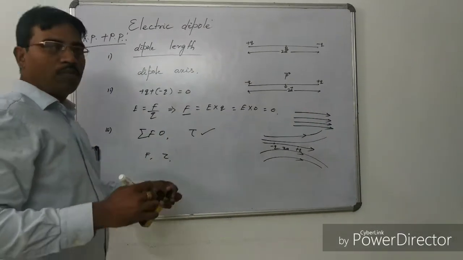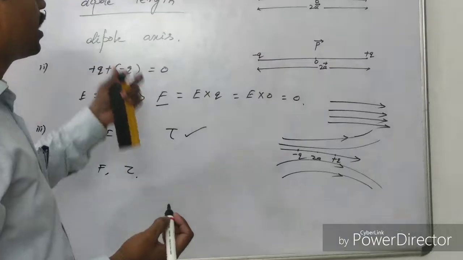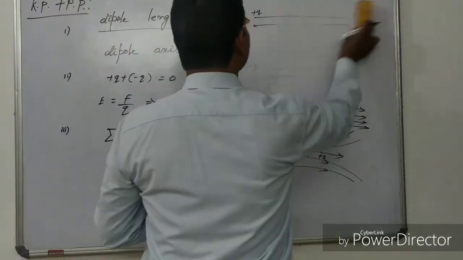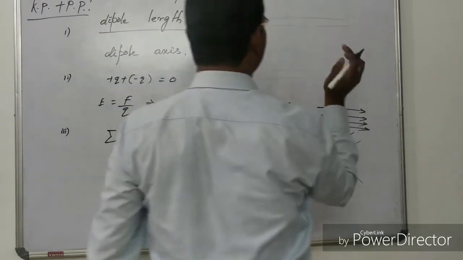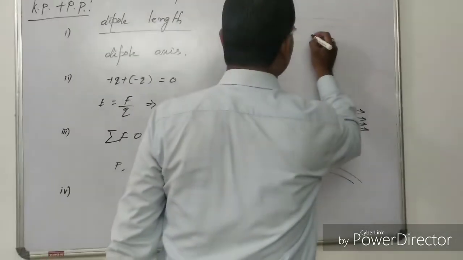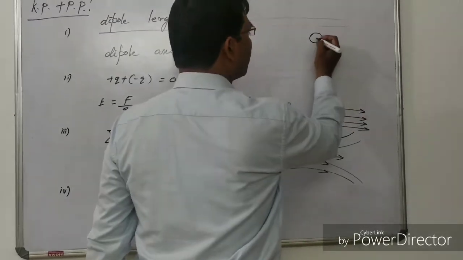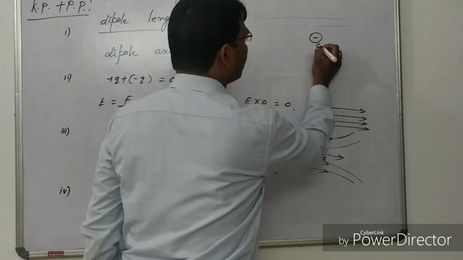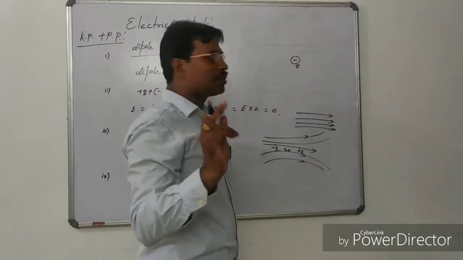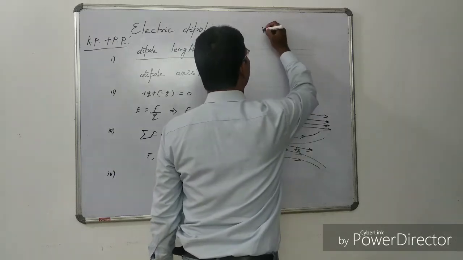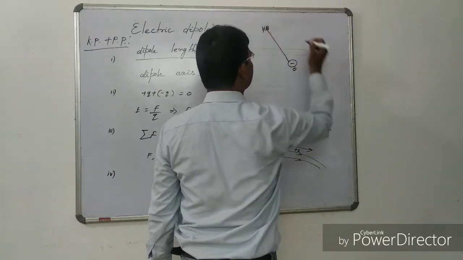To better understand electric dipole, if we draw the figure. Fourth point: suppose this one is oxygen atom. Oxygen has valence 2, so negative charge, and this one is hydrogen, positive charge.